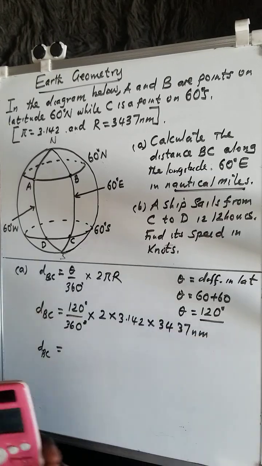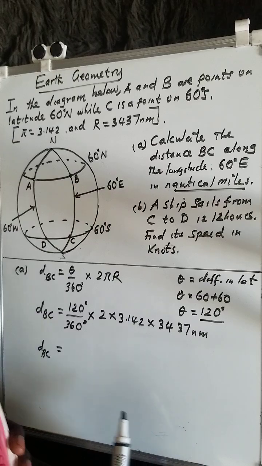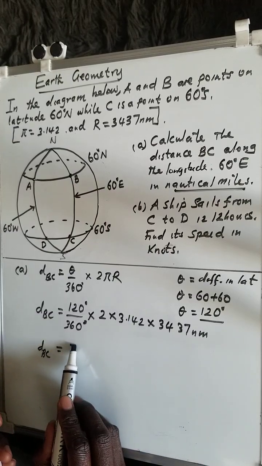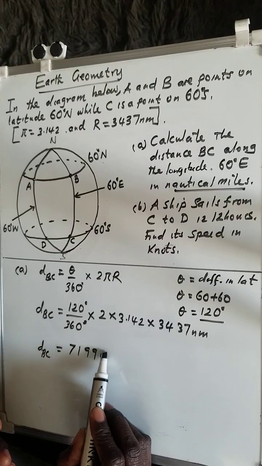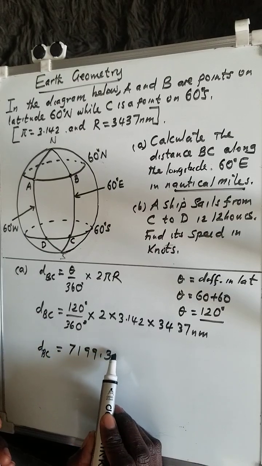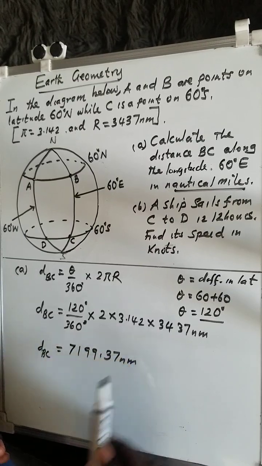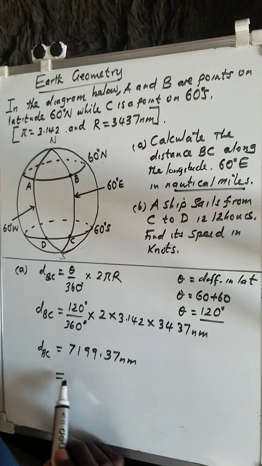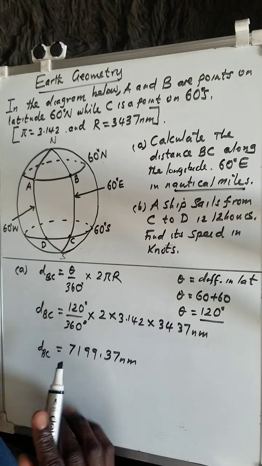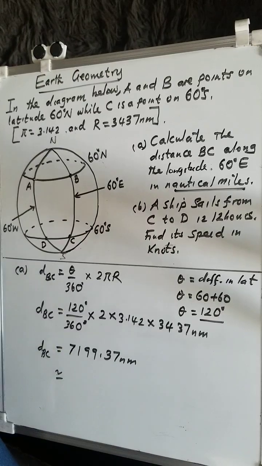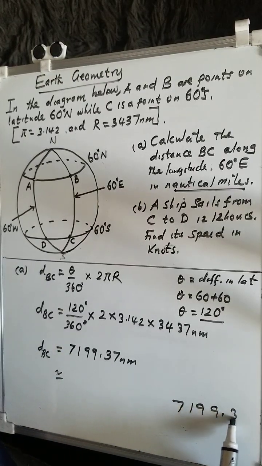So the value that I'm getting there is simply 7,199. Of course, this one can simply be left to 3 significant figures. It will be difficult, so the easiest is actually leaving it to 2 decimal places, because let me show you why I'm saying that is difficult.